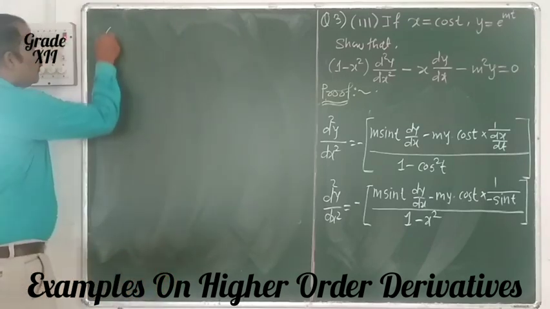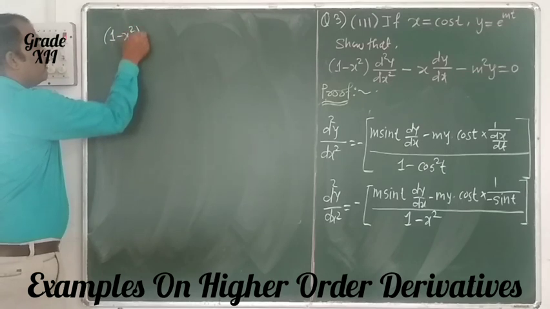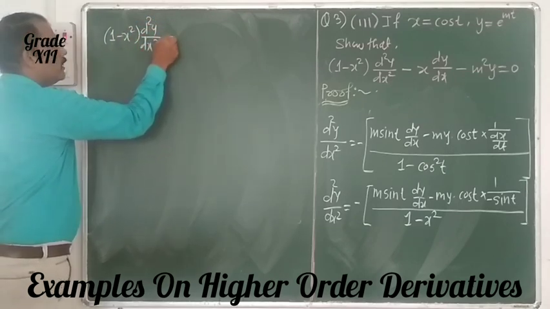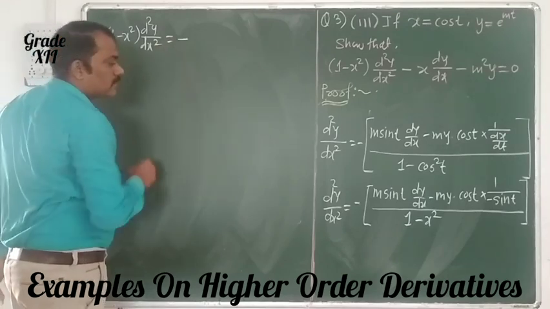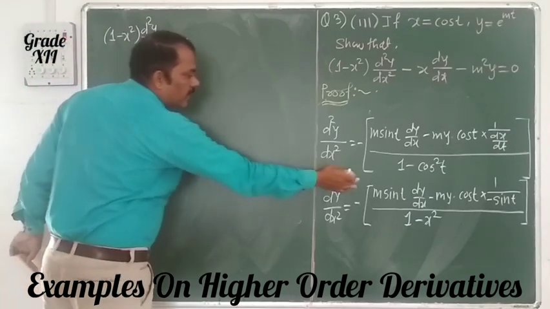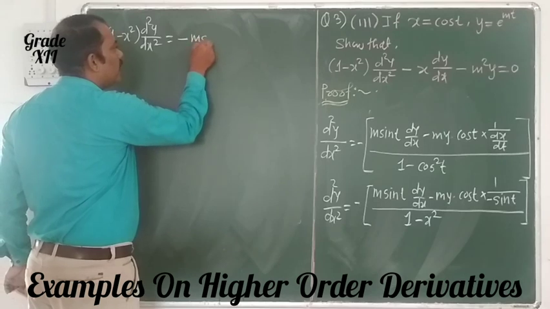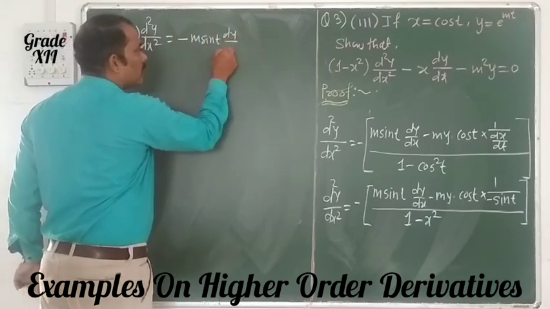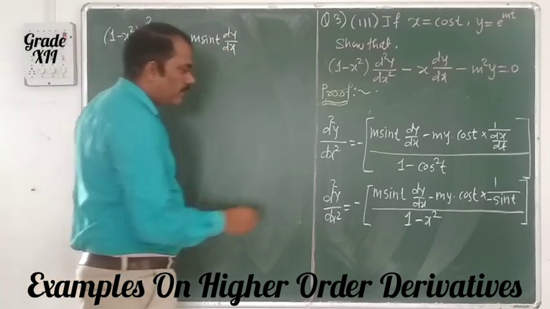So what we have to get is 1 minus x square into d2y by dx square is equal to minus this one as it is, m into sin t dy by dx. You have to take the minus inside.